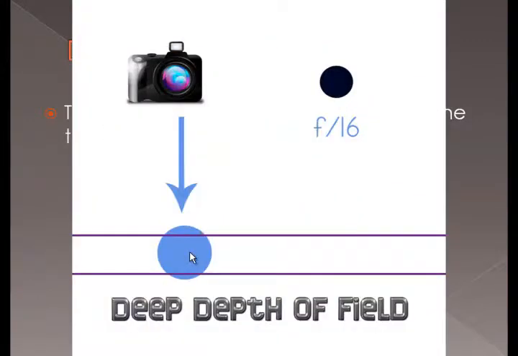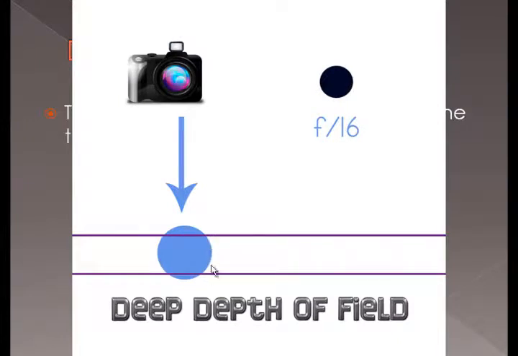Here's our image again. I have here the camera. It's focusing out here on the subject. So we have an f16, which gives us a smaller hole. So there's less of an area to become blurred out on the edges. So more is going to be in focus. So you see the deeper depth of field.